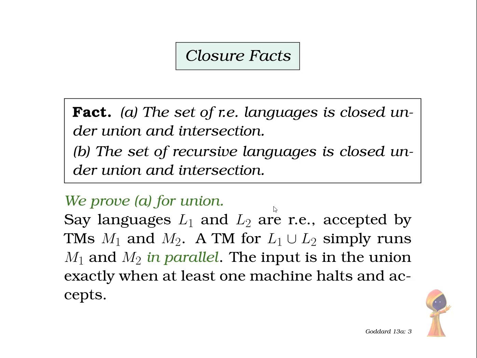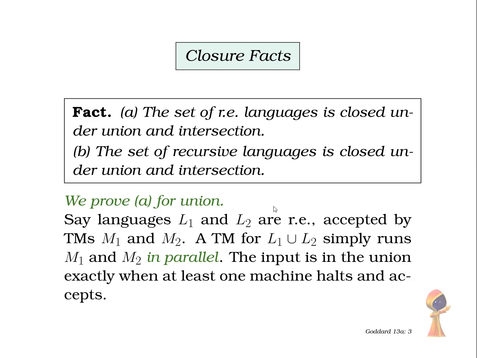So if there are two languages which are RE, and we take their union or their intersection, the resultant is also RE. Likewise, if we take two languages which are recursive and we take their union, then the union is also recursive, and the intersection is also recursive. So this is called closure.